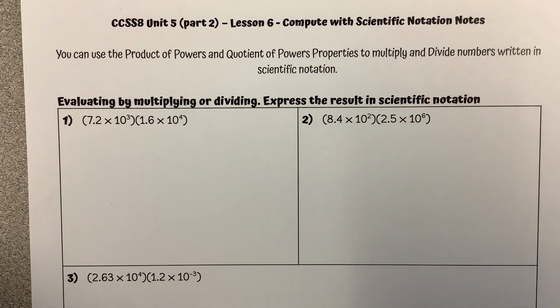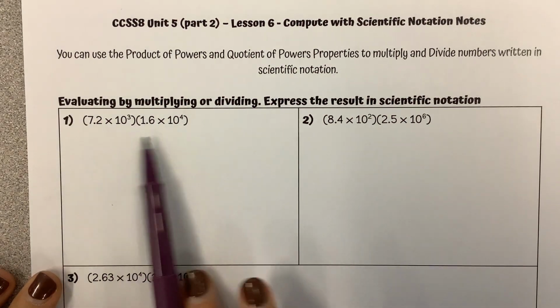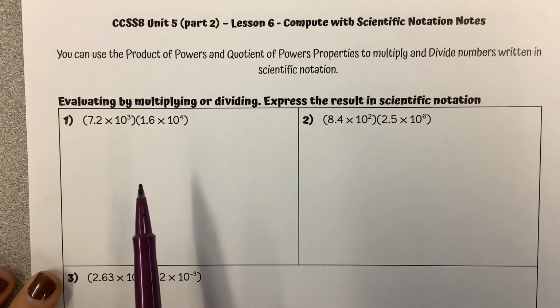For number 1, we have 7.2 times 10 to the third, multiplied times 1.6 times 10 to the fourth. So we can rework what we are multiplying here.